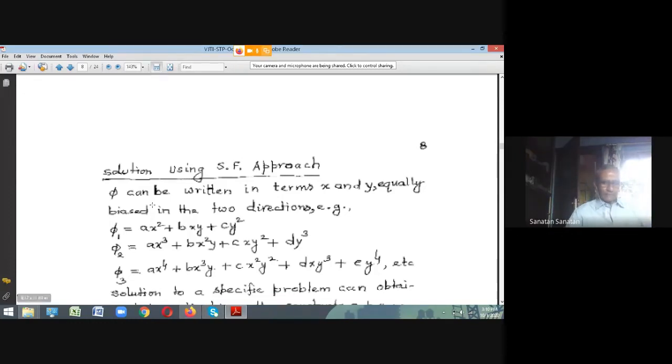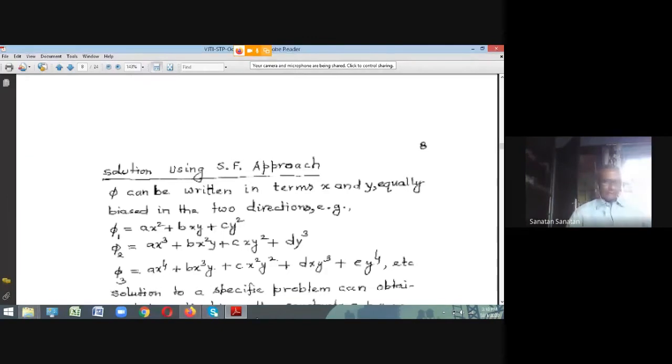If you take 4 times derivative of this function with respect to x, it will be 0. Similarly, if you take 2 times with respect to x and 2 times with respect to y, irrespective of a, b, c, it will be satisfied. Similarly, 4 times derivative with respect to y, irrespective of the value of a, b, c, it will be satisfied. So it's a polynomial which is satisfied irrespective of the value of x and y. That one part is done.